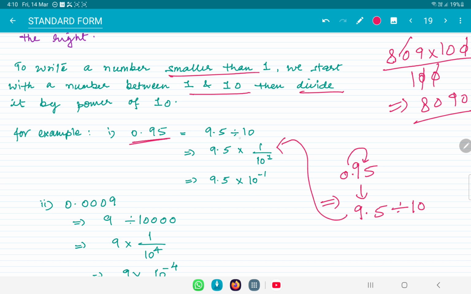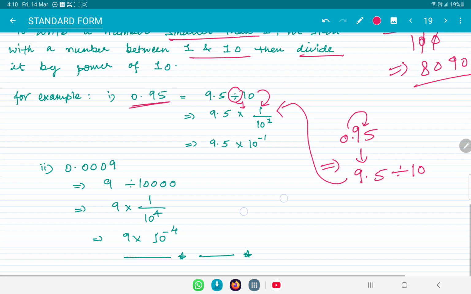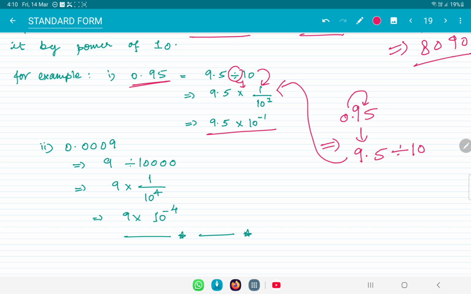Whenever we do division, what is the modus operandi? Division will be changed into multiplication, and the second term will be reversed. If it is in the numerator, then it will come in the denominator. So 9.5 divided by 10 raised to the power 1, or simply we can write 9.5 into 10 raised to the power minus 1.